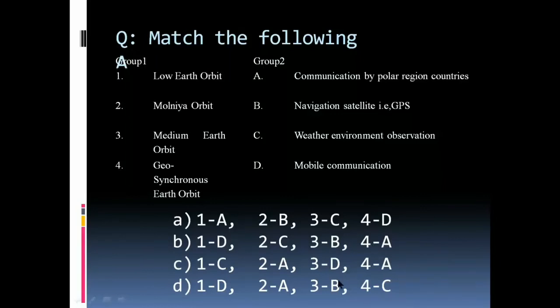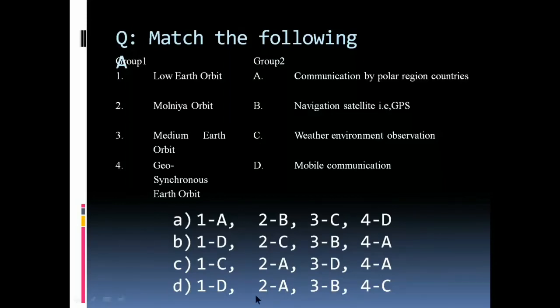And see, there is another common term, that is 3. That is, 3 is B. It's used for navigation satellite. Now you might be well familiar with a geosynchronous satellite. What is a geosynchronous satellite? Mostly we use it for weather observation or survey purposes.